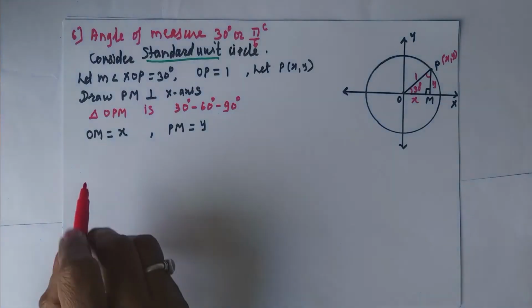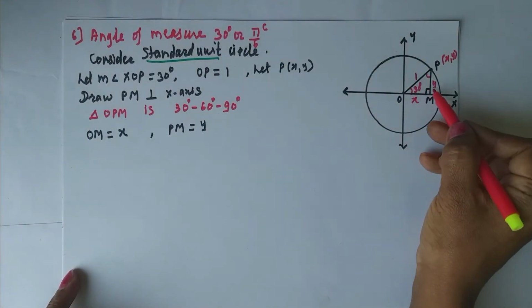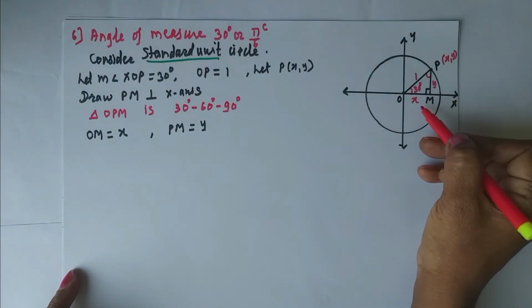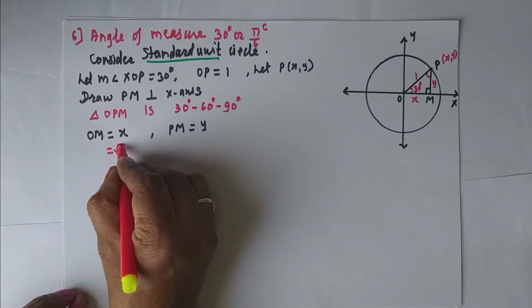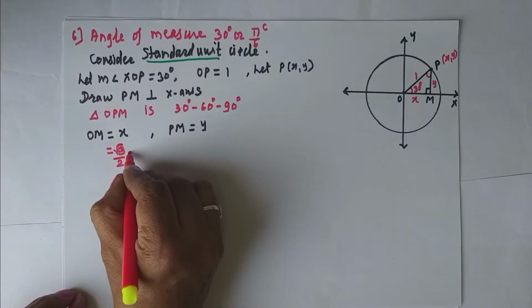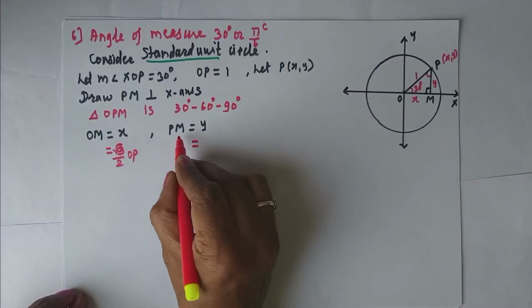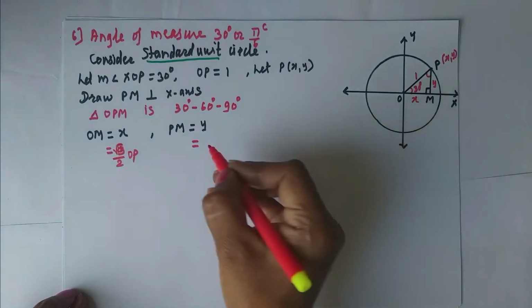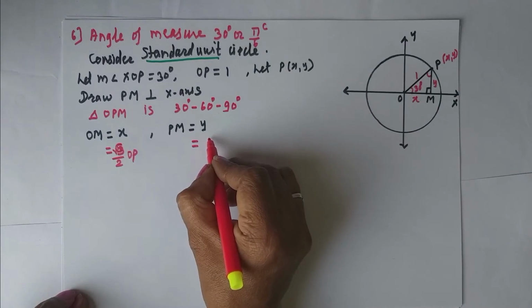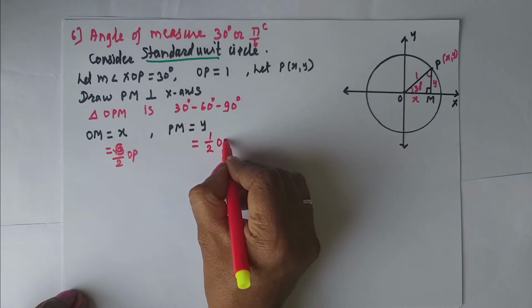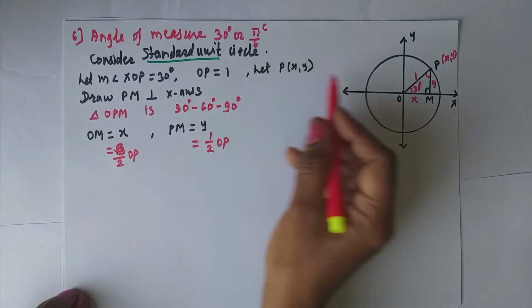Okay, now this is OM. OM is the side opposite to 60 degree and this will be root 3 by 2 times hypotenuse. What is the hypotenuse here? OP. And here PM is the side opposite to 30 degree. That is 1 by 2 times hypotenuse. And what is the hypotenuse here?